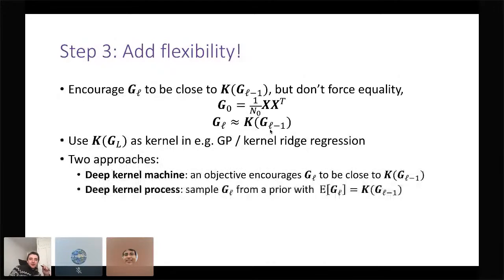There are two ways of getting it close but not exactly the same. I could define an objective that encourages that Gram matrix to be close to this, but not exactly the same. Or I could sample the Gram matrix from a prior which is centered on this nonlinear transformation. In both of those cases, the Gram matrix at the next layer isn't going to be equal to the Gram matrix at the previous layer, even if I've got a linear kernel, or k just returns GL minus 1.